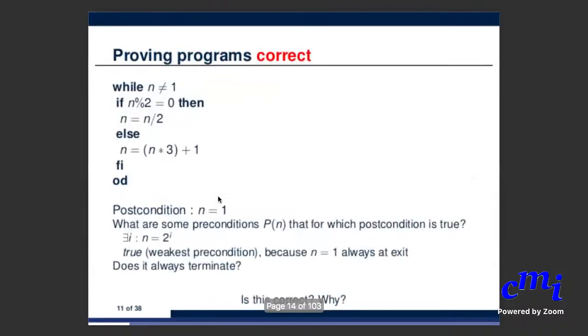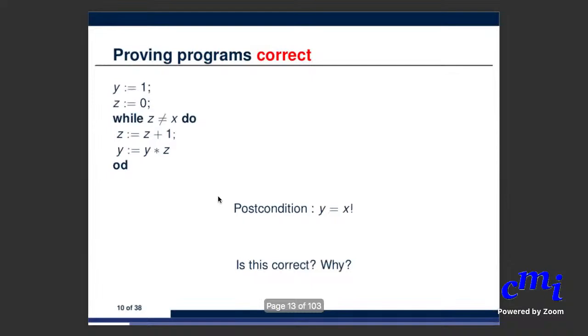So correctness. When I define these, the correctness is defined with respect to pre and post, okay? This is kind of philosophical. When I say, is this correct or not, what does it mean? It doesn't make sense just to ask this in the abstract. It means, what is your specification? What is your expectation? Only then will I be able to answer it, okay? And there are so many things.